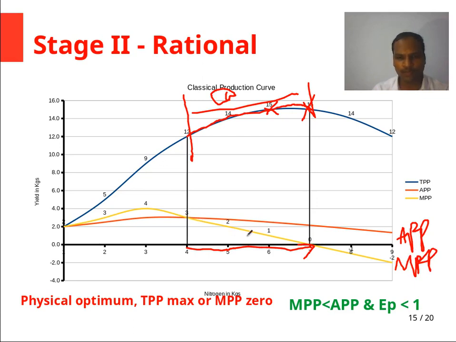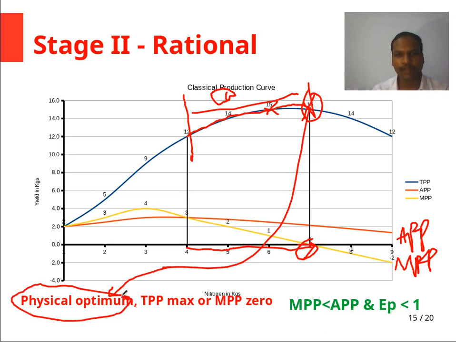This point, MPP equal to 0 or TPP equal to maximum, is called the physical optimum. Physically, this is the maximum yield a farmer can get. So when we apply 7 kg of nitrogen in our field, we can get a maximum of 15 kg of paddy. That is the physical optimum.